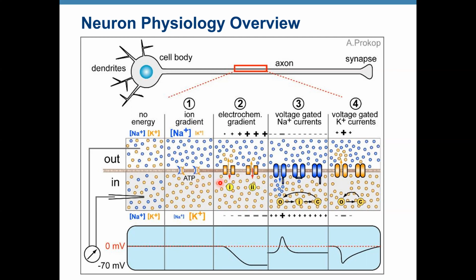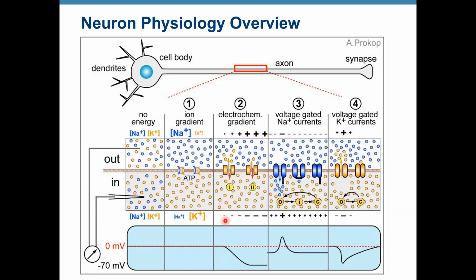Now what's going to happen if we allow potassium to move? Potassium will move out. Now, when potassium starts moving out, potassium has positive charge. That makes sense? So now inside your cells, you have less and less positively charged particles.